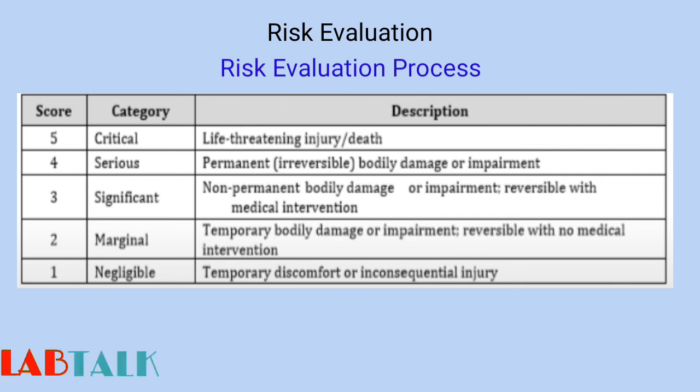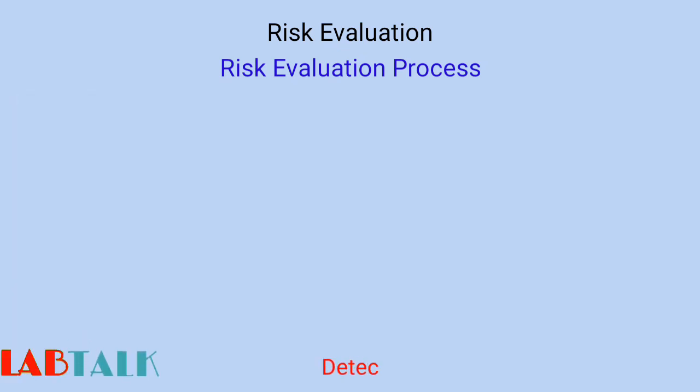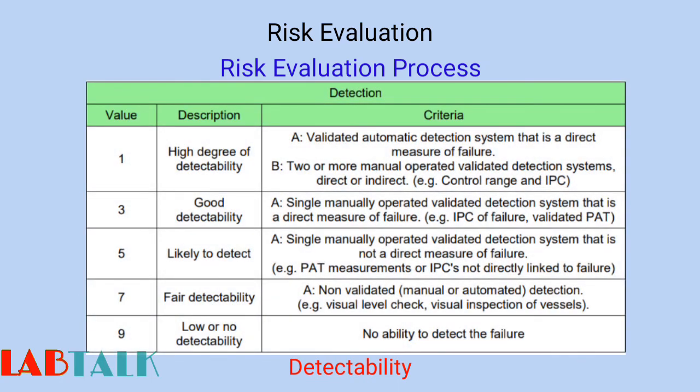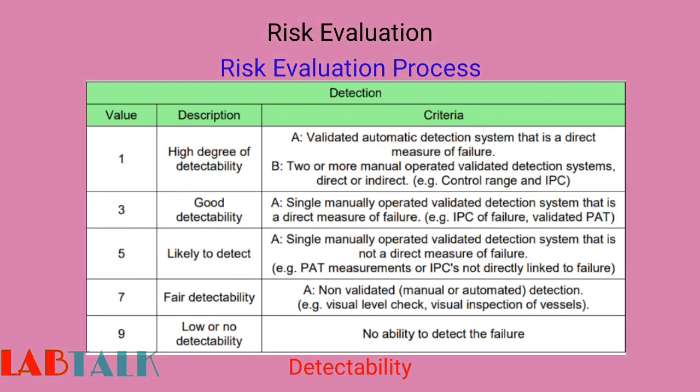The next scale is the detectability of the risk. So what is the probability of detecting the risk in the process itself? This is also scored, on a scale of 1 to 9, 1 being a high degree of detectability, so the risk can be detected very easily and it is validated with an automatic detection system, that is a direct measure of failure, or two or more manually operated validated detection systems, which can be direct or indirect.